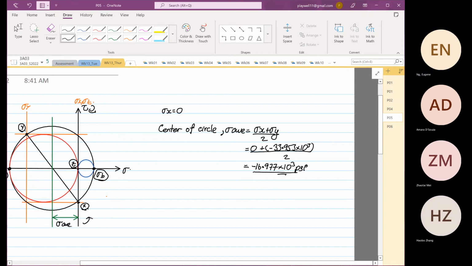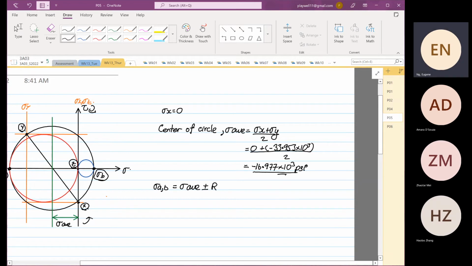So now, we only know the center of our circle, as you can see down there, right? So what we're trying to find out here is our sigma A and sigma B. So sigma A, B is equal to stress average, which we have, plus or minus our radius.